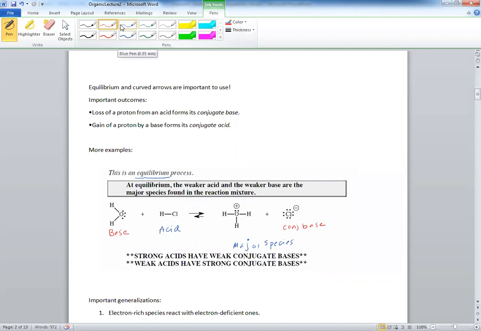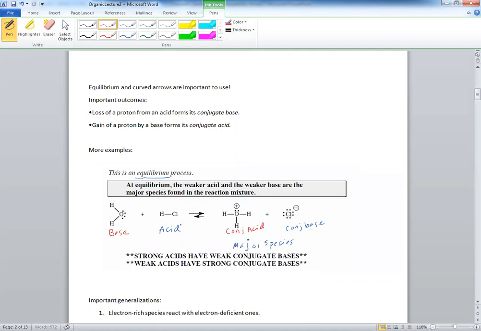Okay. And let me actually use the same color so you can see them better. So this will be the conjugate base. And of course, the conjugate of the base would be the conjugate acid.